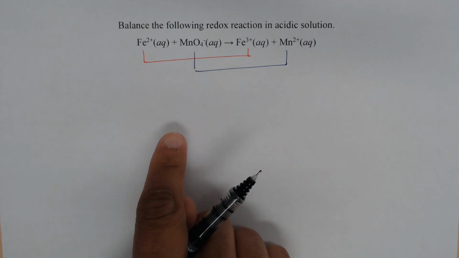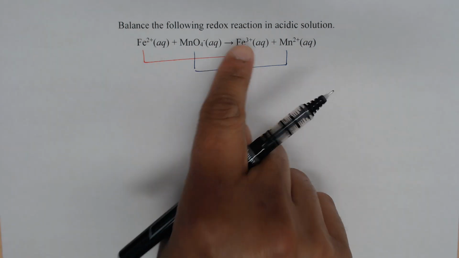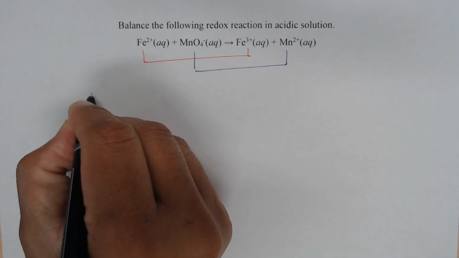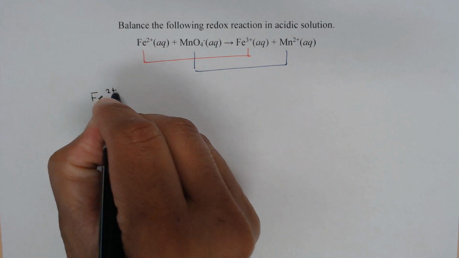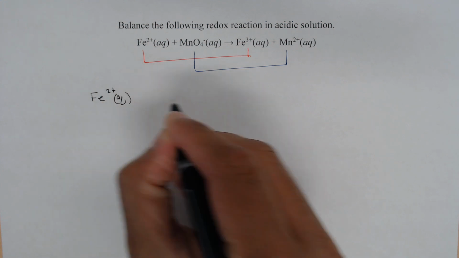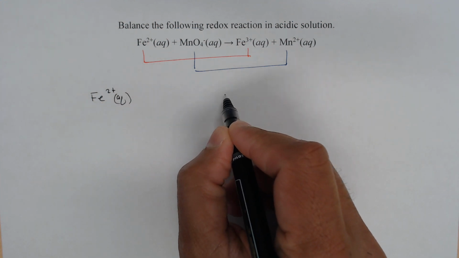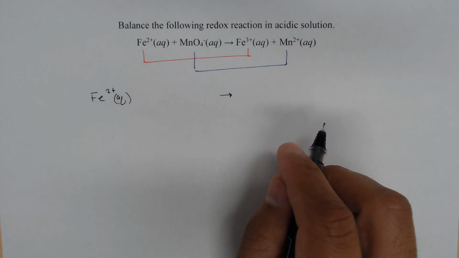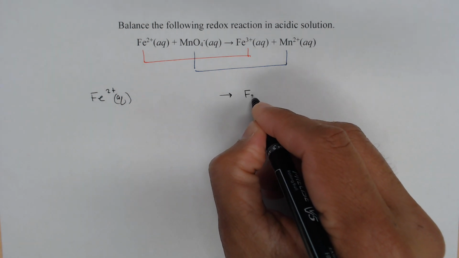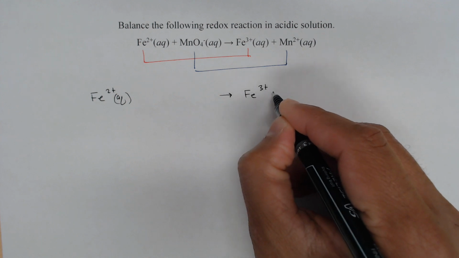And so in the half reaction method, we'll write these half reactions. So Fe2+, aqueous. I'll give myself some space because we'll have to add some species in here. And iron 3+.